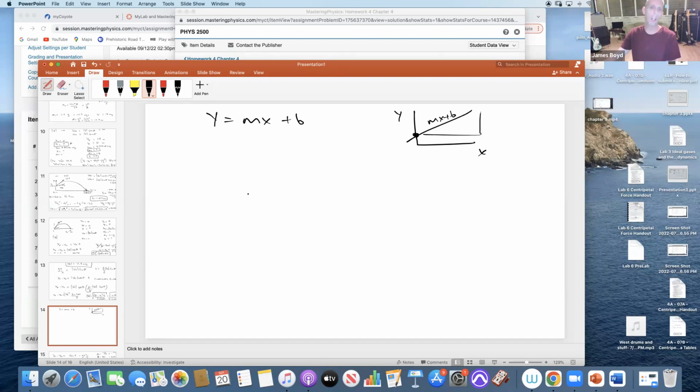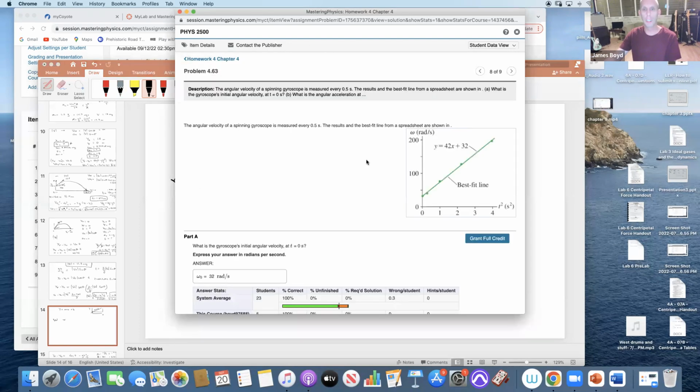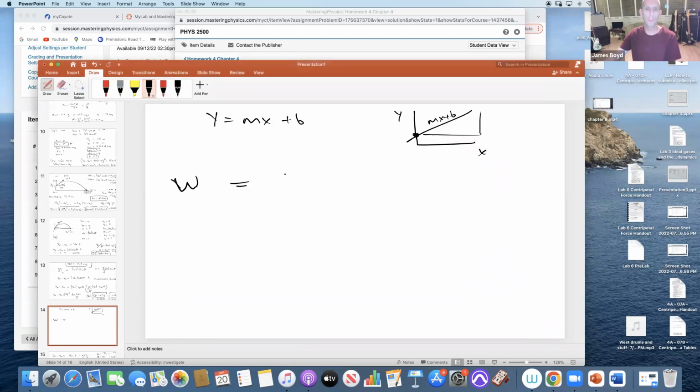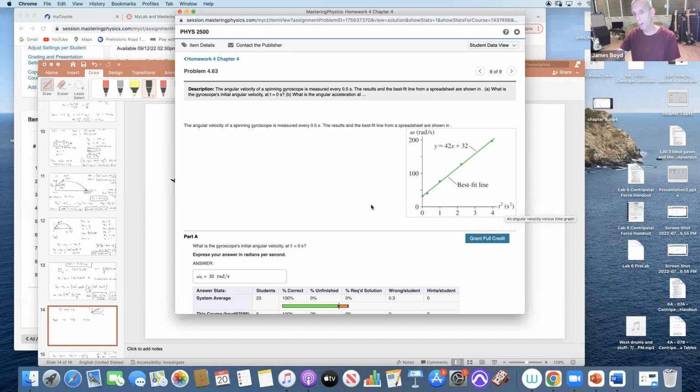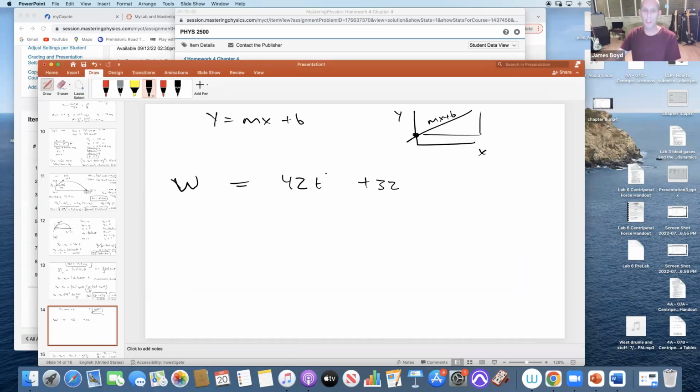Our function, which is along the y, is omega. Our trend line is omega equals 42x plus 32. Our x is t squared, and that's totally legit. You can always linearize a function.